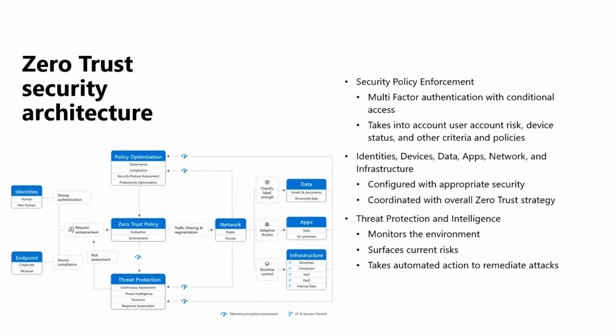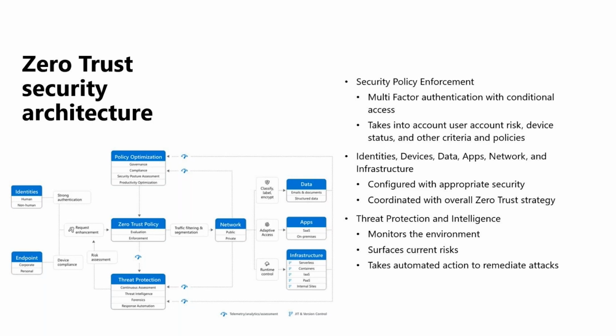For example, a completely normal network could now have been breached and taken into a botnet, so we need to evaluate that accordingly as well. And then we have other attributes from the network, data, applications, infrastructure, and so on. Specifically, identities, devices, apps, network, and infrastructure need to be configured with appropriate security.